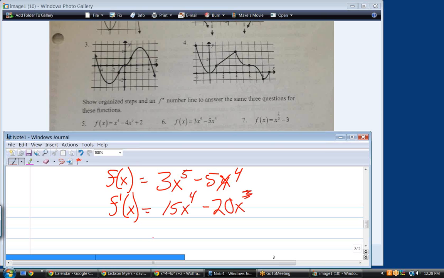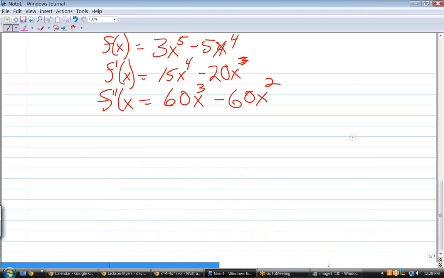And the second derivative? 60x cubed minus 60x squared. Let's factor that. You can take out 60x, x squared.